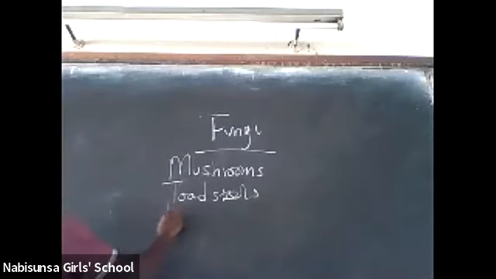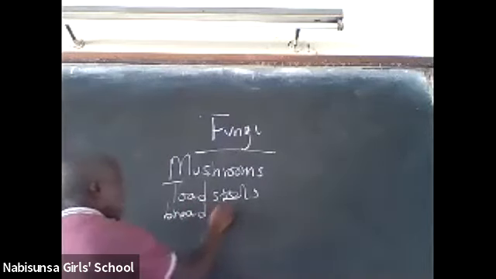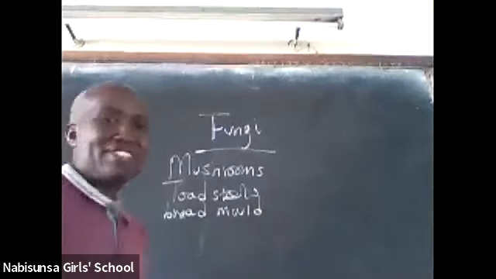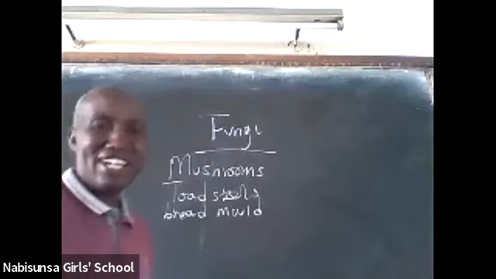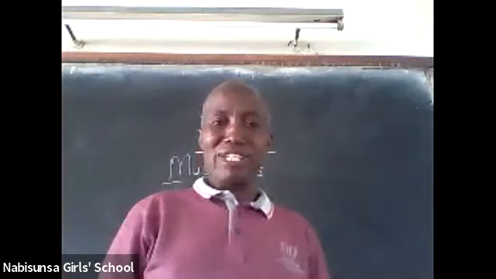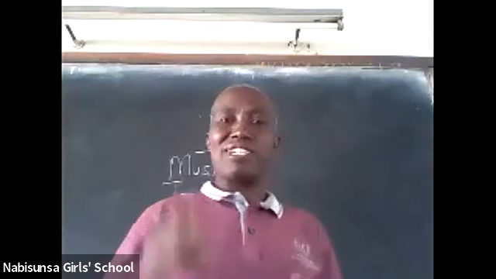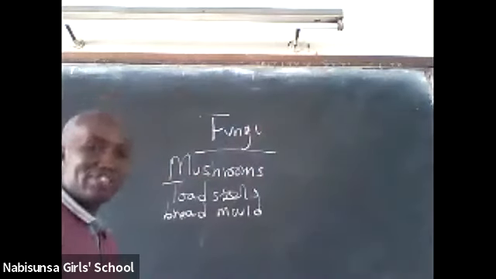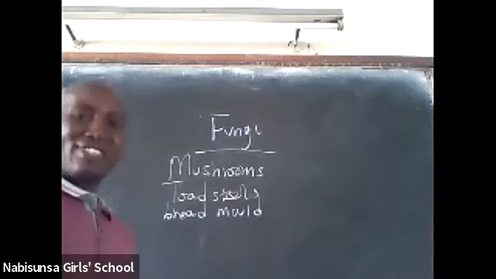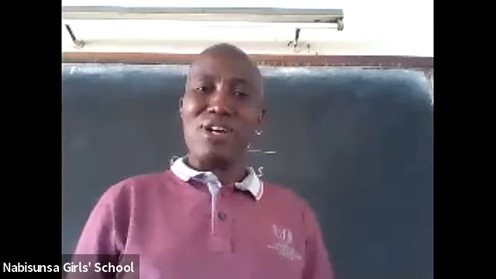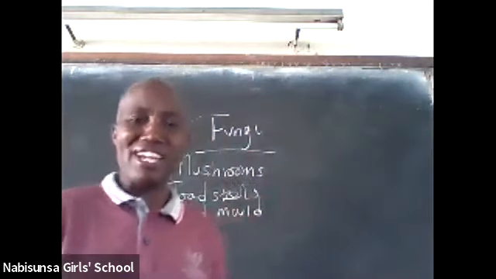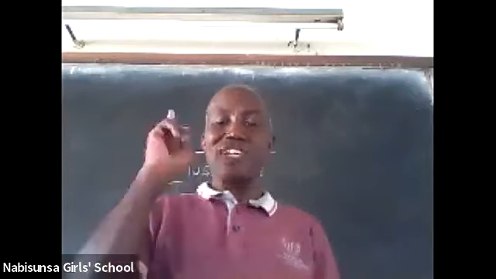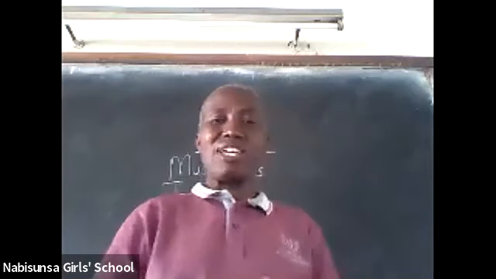Bukenya says we also have the bread mold. The bread mold is there. Penicillium is also there. Okay, penicillium, not penicillin, but penicillium. Good. Someone is also giving us yeast. Yeast is another example. Puffballs are also there. Good. So all those are common examples of the fungi.